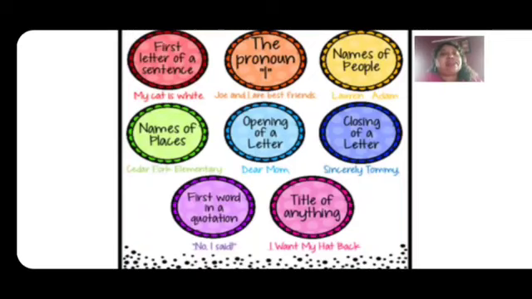CFE in capital letter. Opening of a letter. Dear Mom. D in capital letter. Closing of a letter. Sincerely Tommy. S and T in capital letter. First word in a quotation. No, I said. Title of anything. I want my hat back. Got it, children?